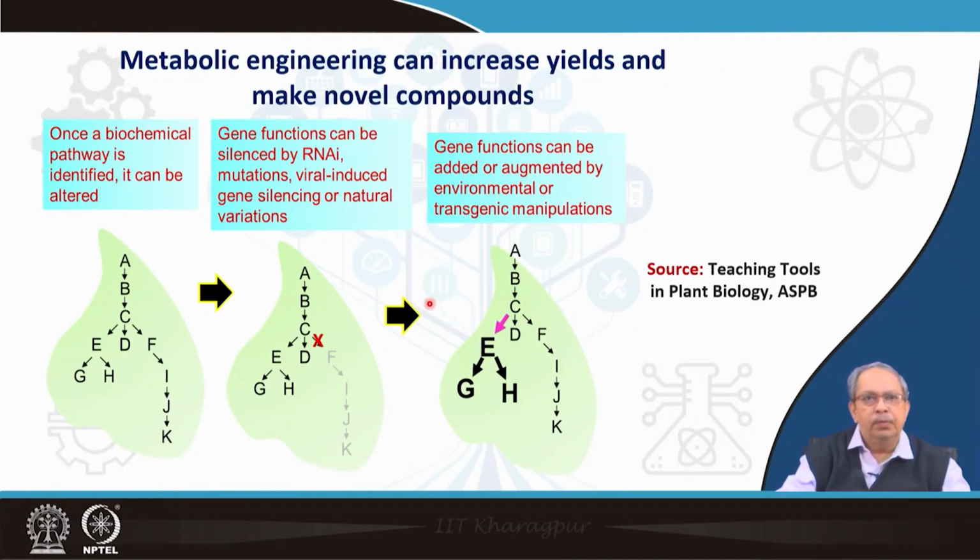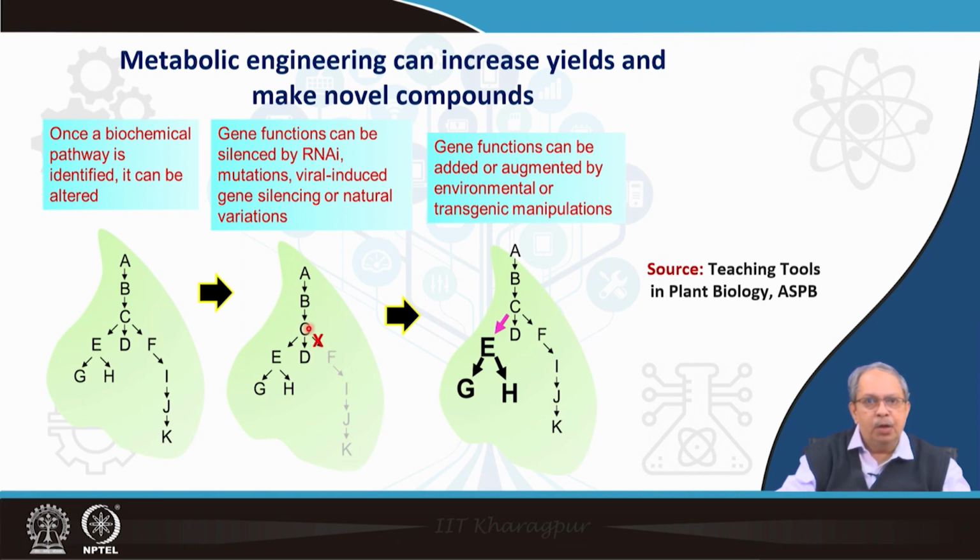So, to brief up, once a biochemical pathway is identified, it can be altered. How can it be altered? You can block the pathway flow for the formation of one particular product.